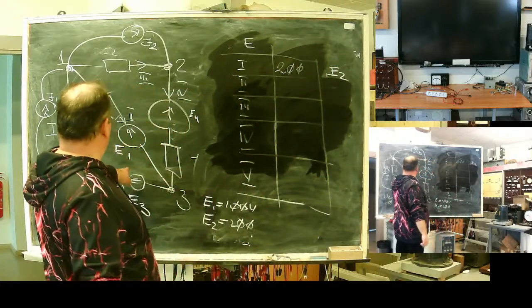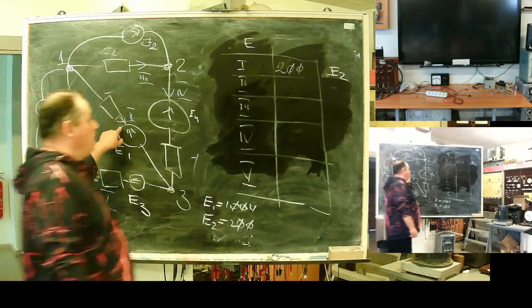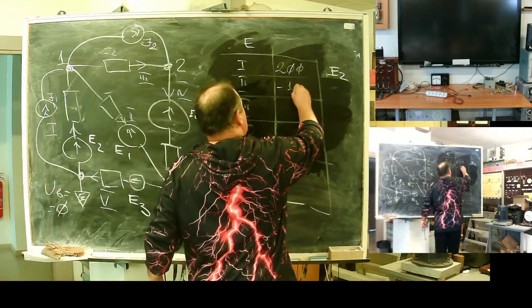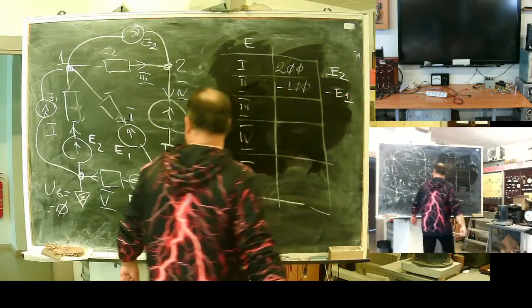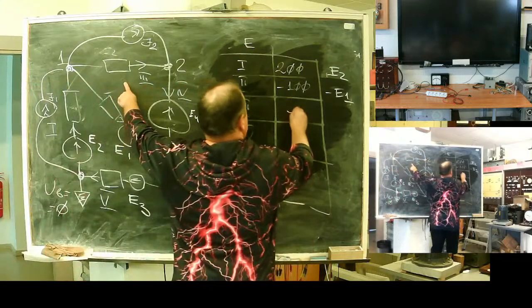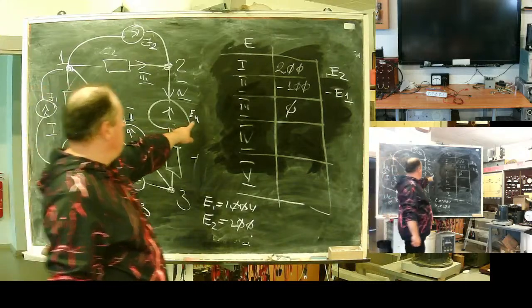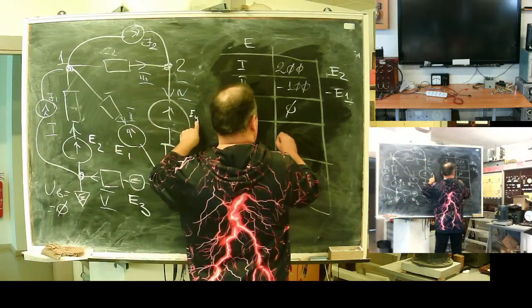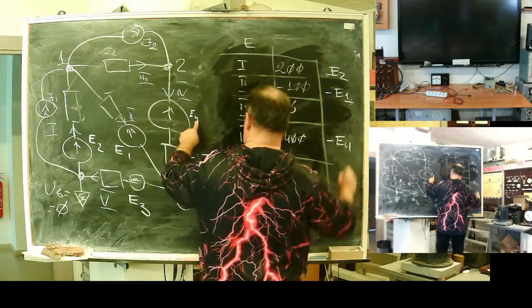Branch number 2, E1, and you see it in the opposite direction. Minus 100. E3, 0. Number 4 has minus 400, so minus E4.